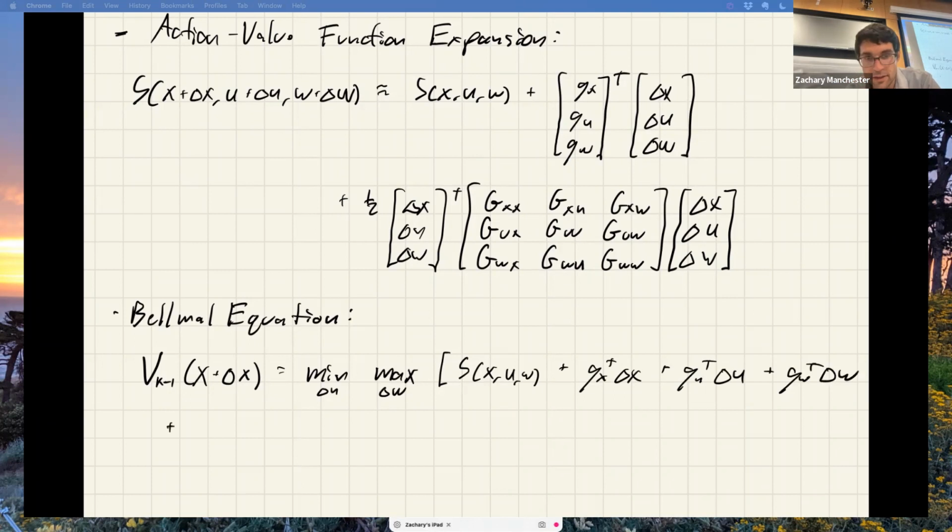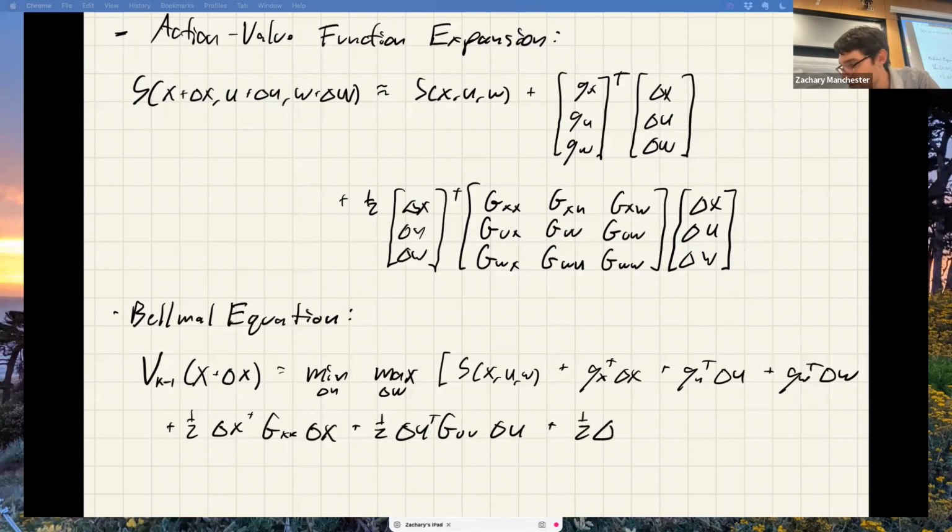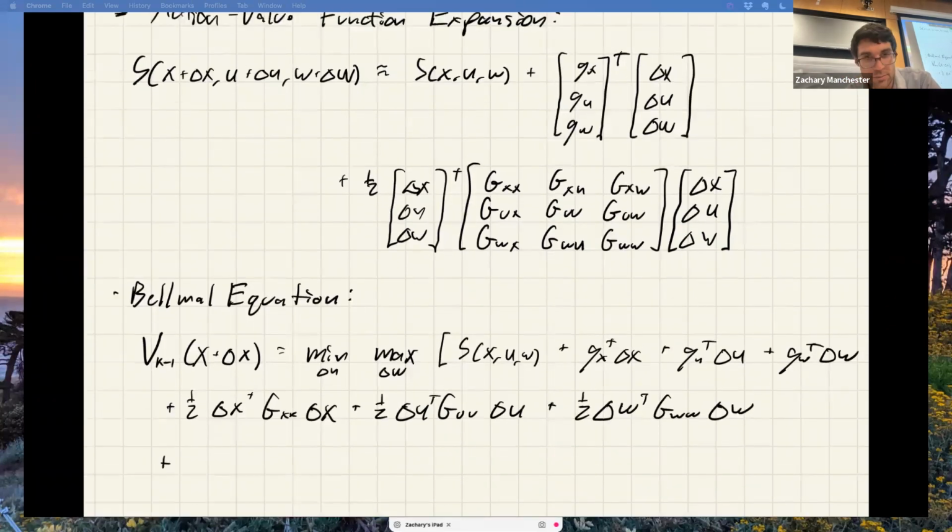Then we get a bunch of Hessian stuff. And here's all the diagonal terms, I guess. Then we're going to get all the cross terms.